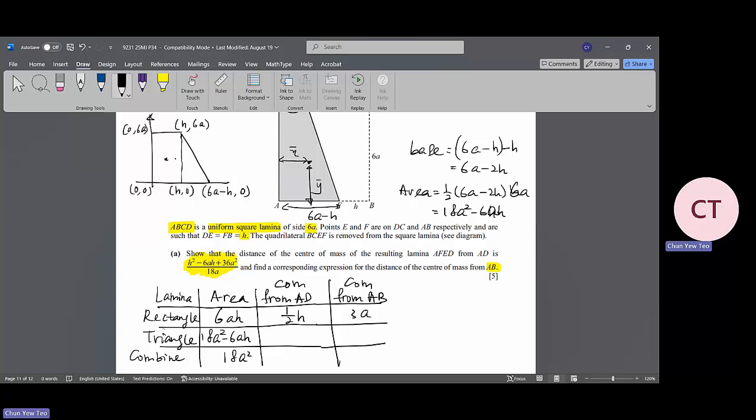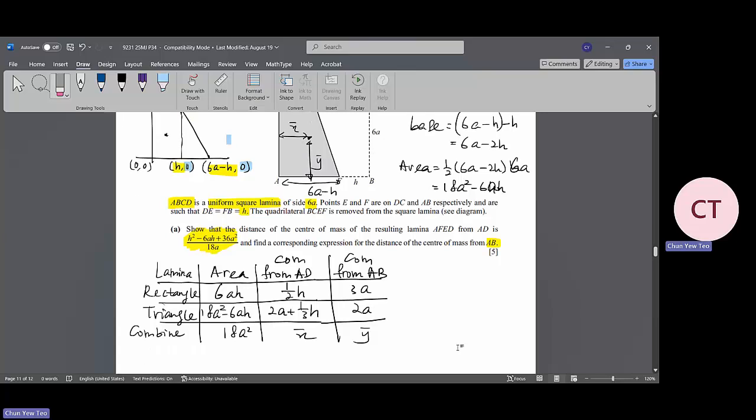As for the triangle over here, you just take these three, add together, divided by 3. So you have h plus 6a minus h divided by 3. So you have 2a plus 1/3 h. Same thing goes for the y. This will be 6a, 0 and 0. 6a plus 0 divided by 3, you get 2a. So this will be the bar x, this will be the bar y. We are looking for bar x and bar y.